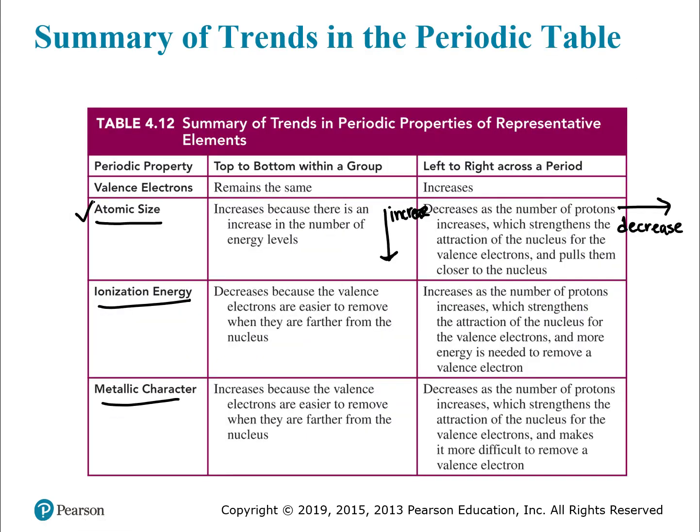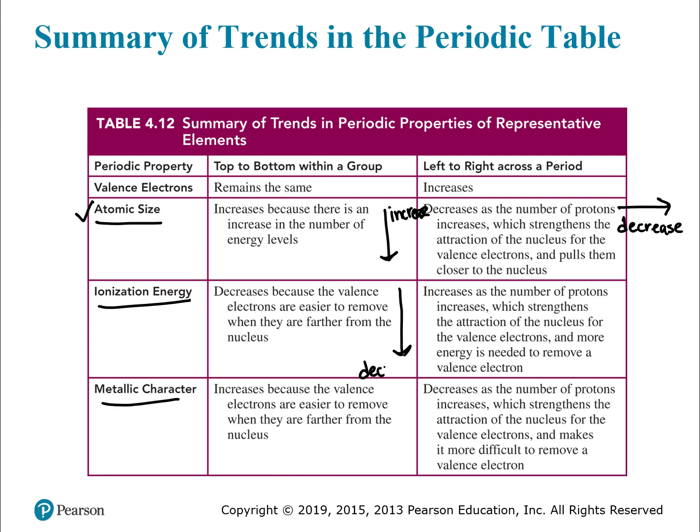So we covered atomic size. Now we're going to talk about ionization energy. Ionization energy is just the amount of energy that it would take to pluck off one of those valence electrons. As you go from the top of a group down to the bottom, those electrons are getting further and further away from the nucleus.